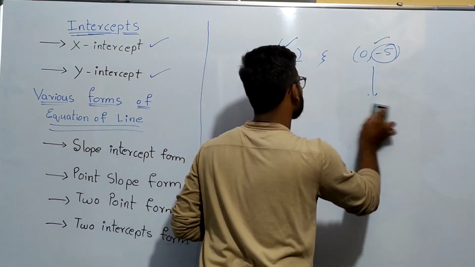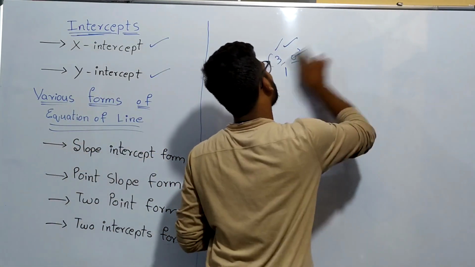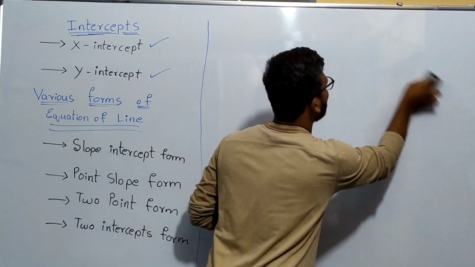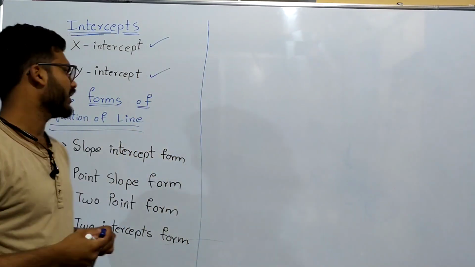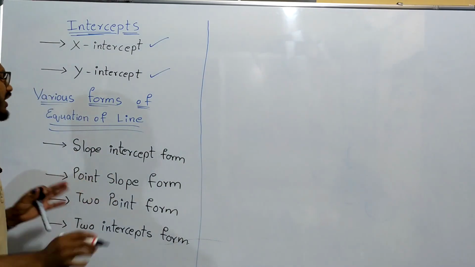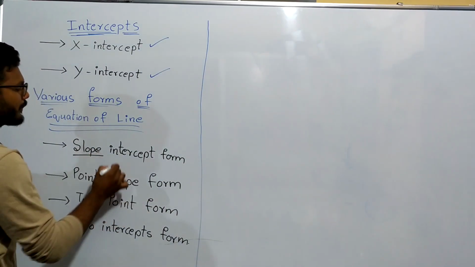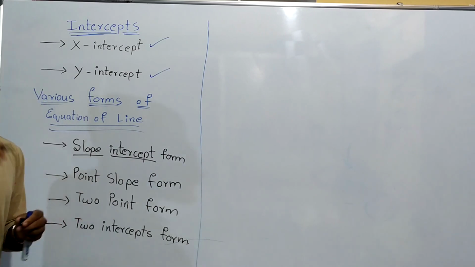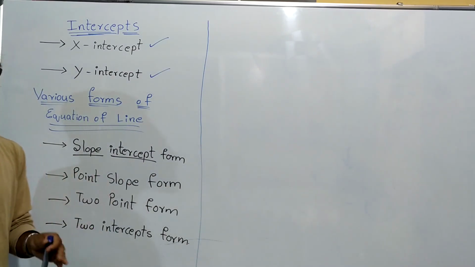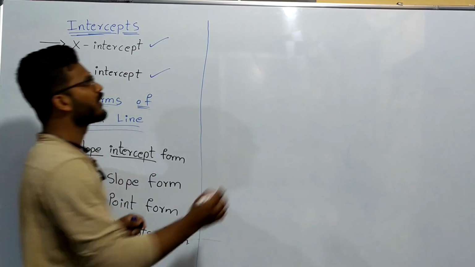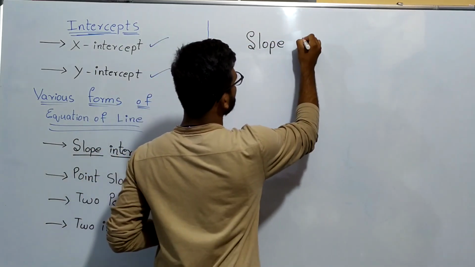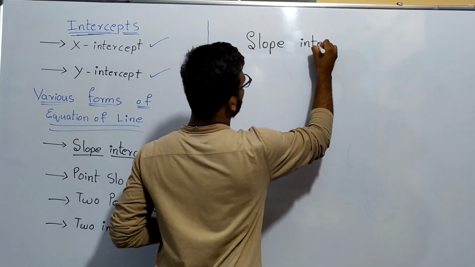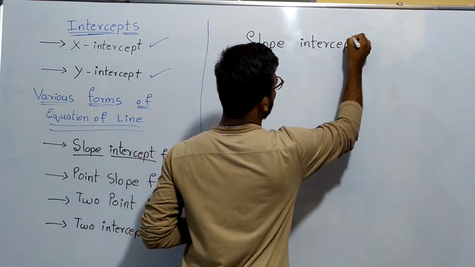Next, we will see how we can find the equation of any line if you know something. In that, the first condition: how we can find the equation of a line when we know the slope and the y-intercept. We call it the slope-intercept form.